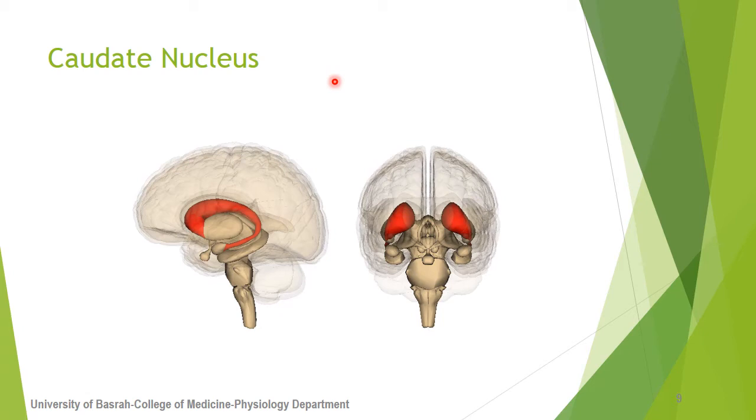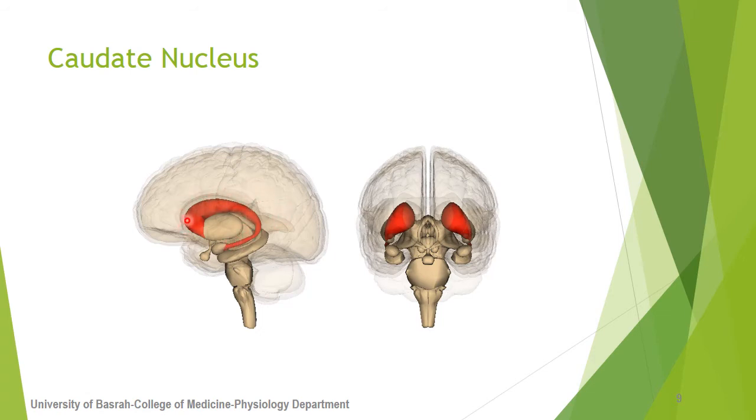Caudate nucleus. We need to know that the caudate nucleus, as we can see, is the C-shaped nucleus in red color. First of all, it's a big nucleus, and it extends horizontally and then ends in a curved line, forming a C-shape.